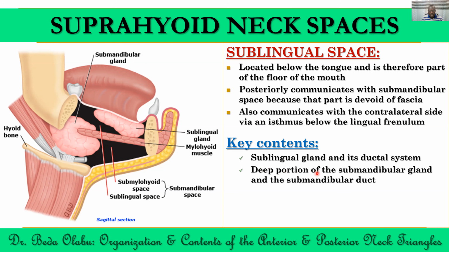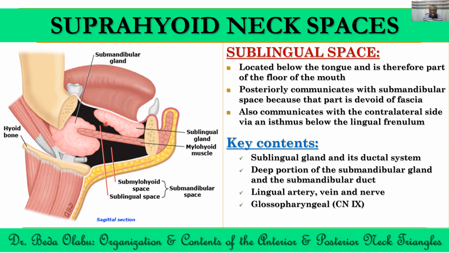We have the deep portion of the submandibular gland. Remember, that's the deep lobe of the submandibular gland, as well as Wharton's duct, which is the duct of the submandibular gland. Lingual artery, vein, and nerve also pass through the sublingual space.